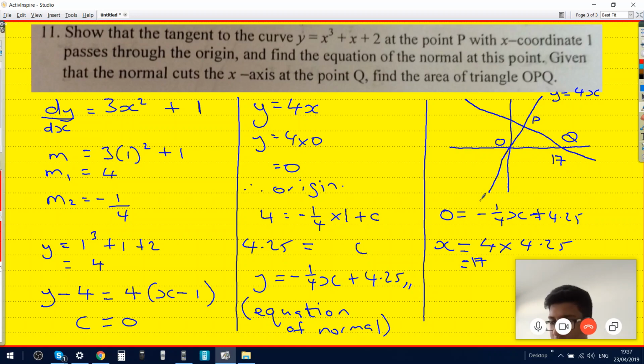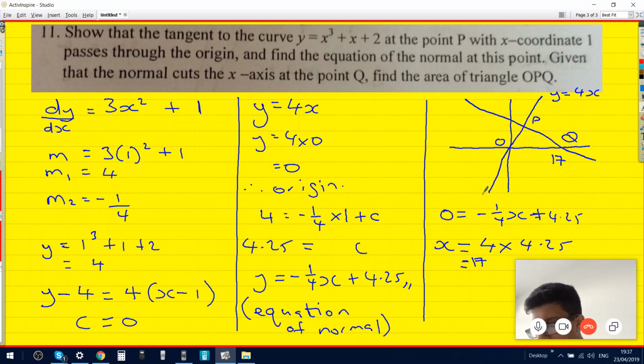And so the 1, 4 was our coordinates for that point. So we got 1, 4, 17, 0, and then we got 0, 0.